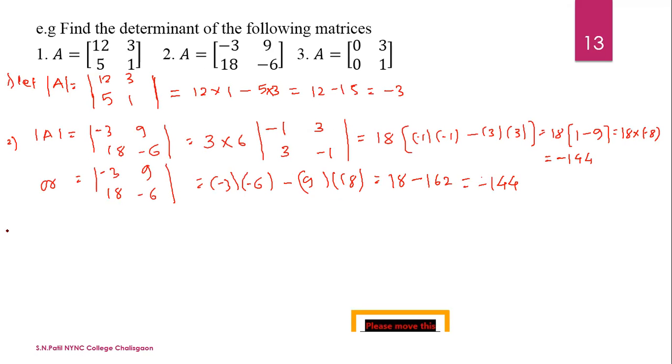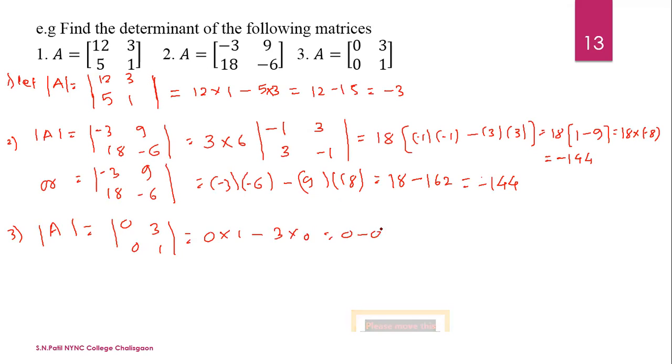Example number 3: determinant of A with rows 0, 3 and 0, 1, that is 0 into 1 minus 3 into 0, that is 0 minus 0, that is 0. So remember, in a determinant, if there is at least one zero row or at least one zero column, then its determinant is 0.